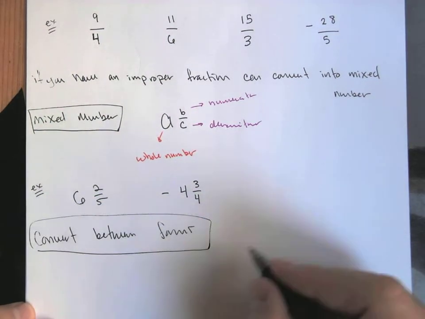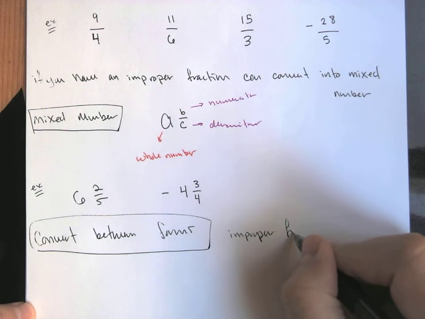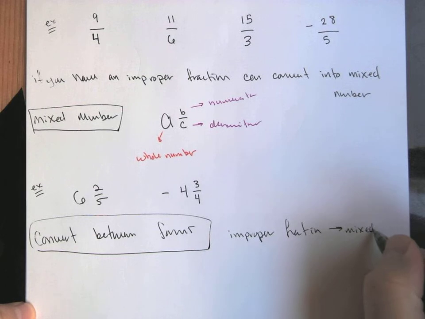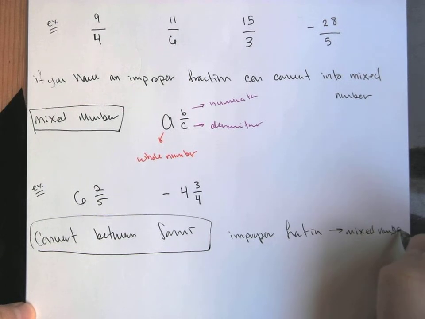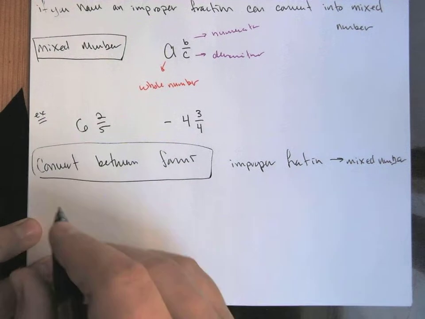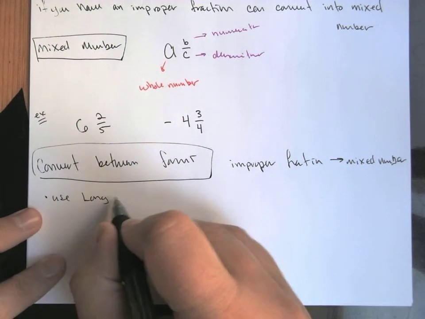So let's go first from an improper fraction to a mixed number. Essentially we're going to use long division.